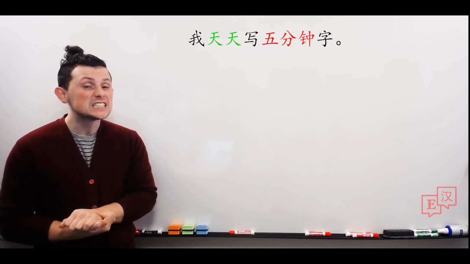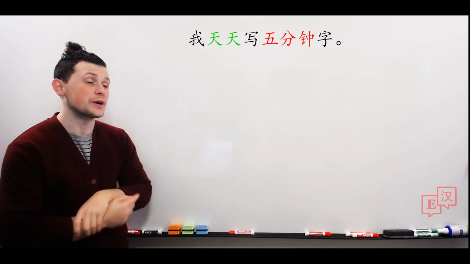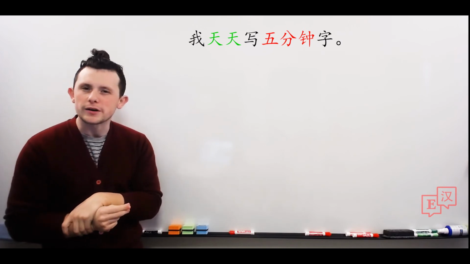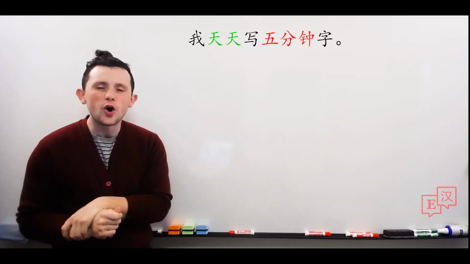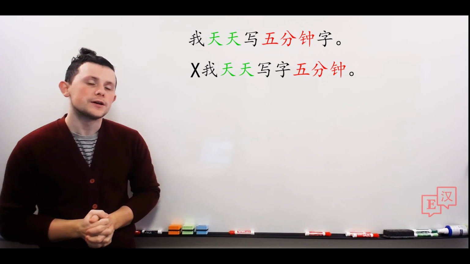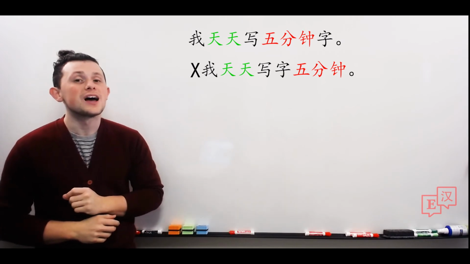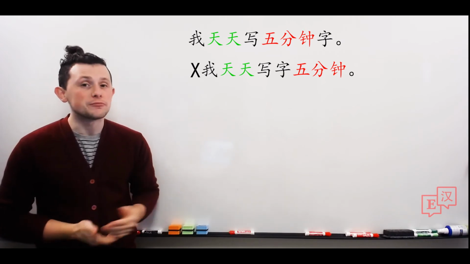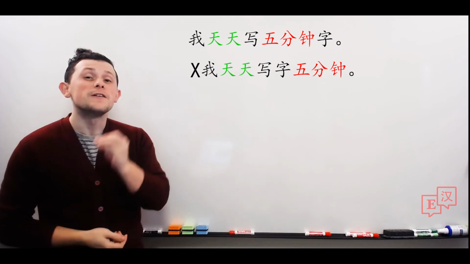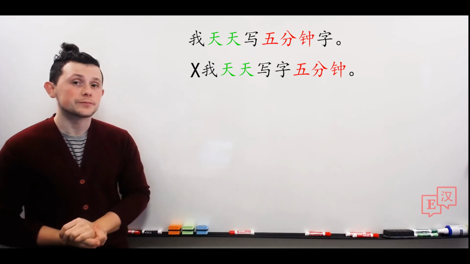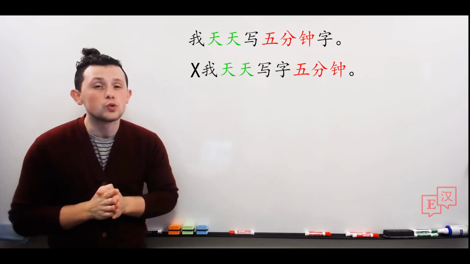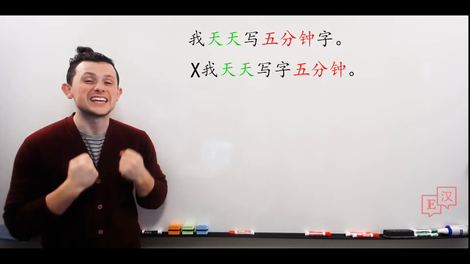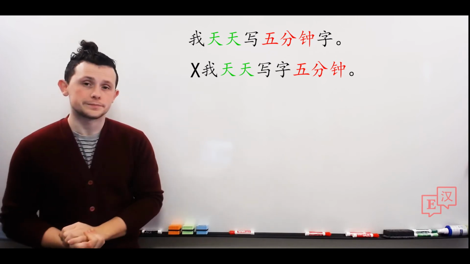If there's a 了, it will go verb 了 duration. But the important part is that duration does not go after the object. So if I want to say write characters for 5 minutes, I do not say write characters 5 minutes. I say write 5 minutes characters. Take this as a rule. There isn't a why, it just is how Mandarin works.